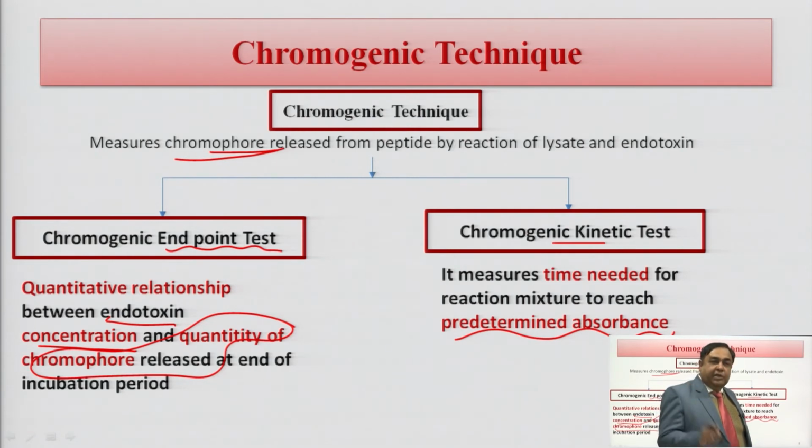In the chromogenic endpoint test, we are measuring the endotoxin concentration and correlating with the quantity of chromophore released, and in the case of the chromogenic kinetic test, we are measuring the time needed for the reaction mixture to reach a specific value of the predetermined absorbance. Good.